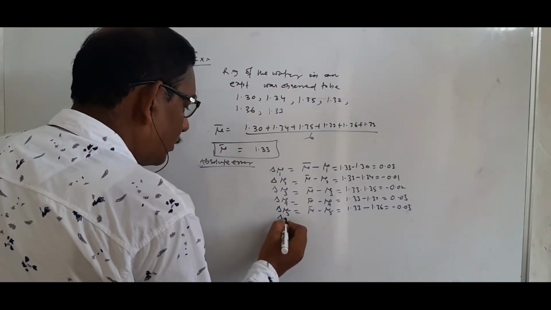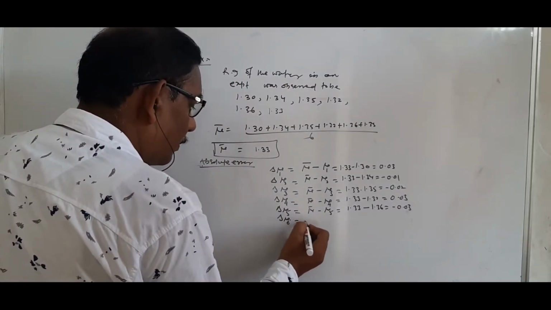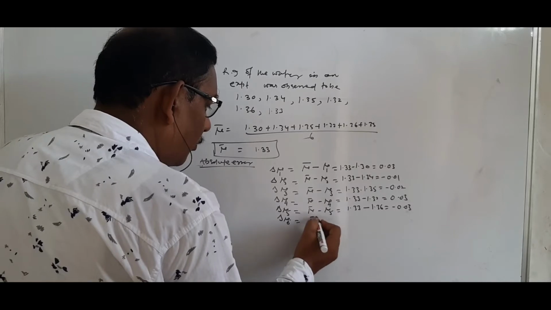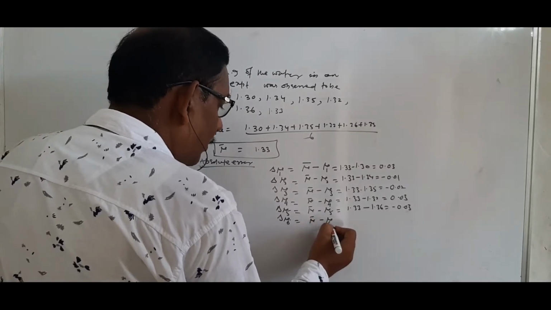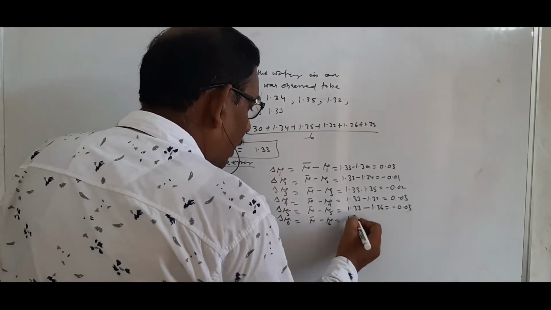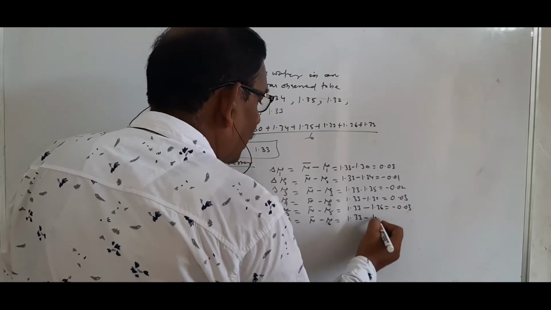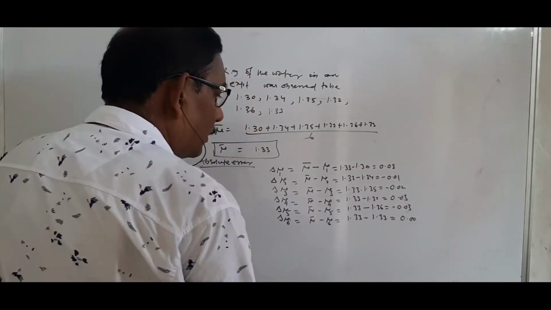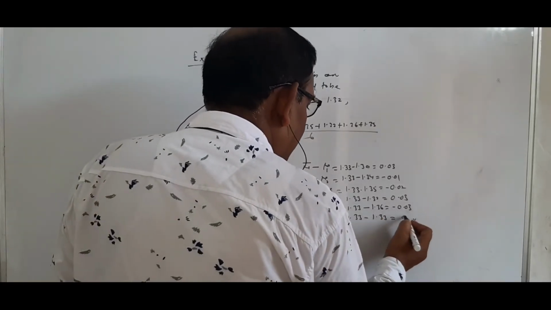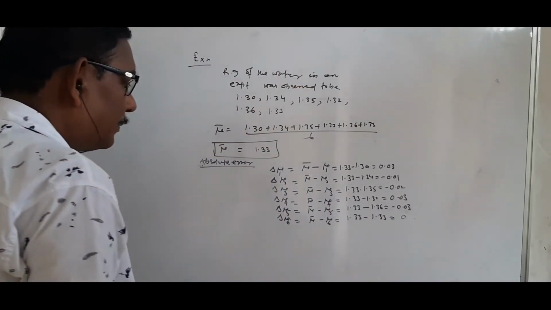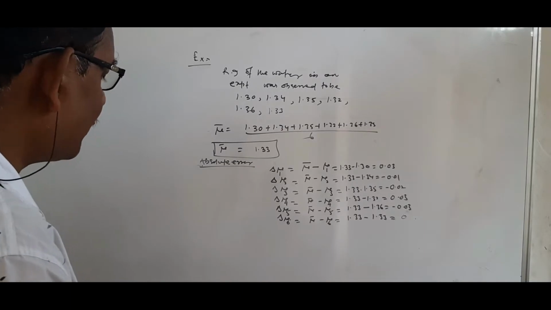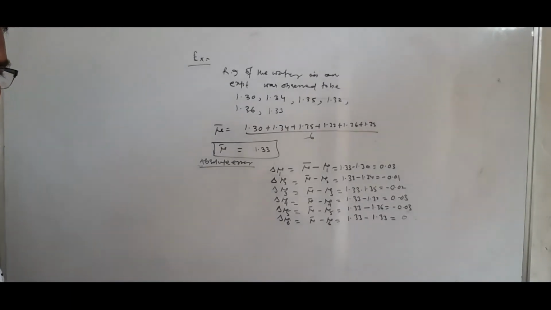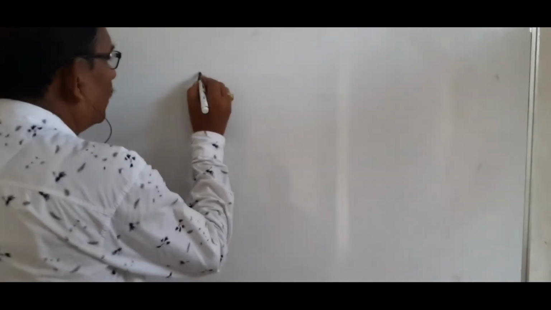The last value of the 6 observations, mu bar minus mu 6, that is 1.33 minus 1.33, that is 0. Or simply you can write 0. Okay. So this is the absolute error. Clear? Now the mean absolute error.